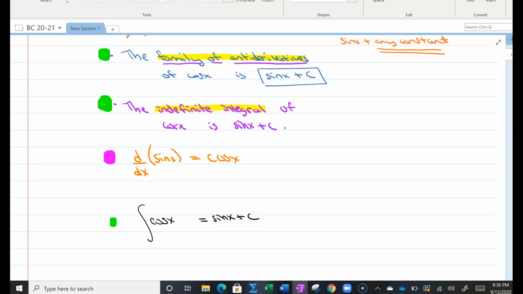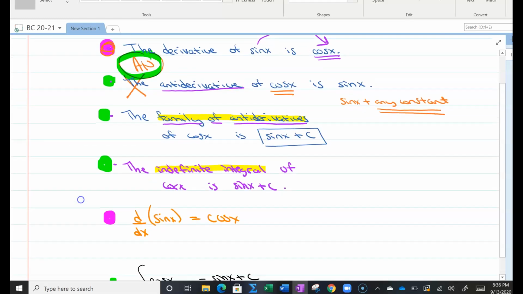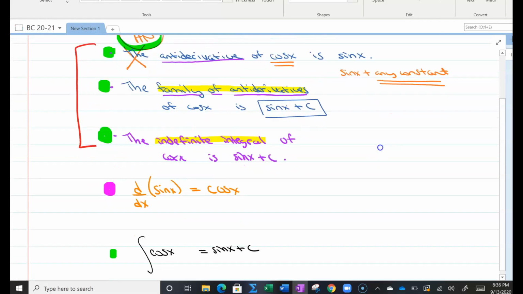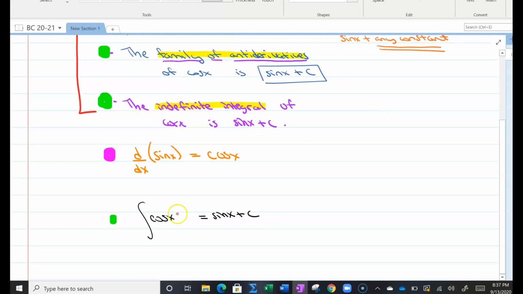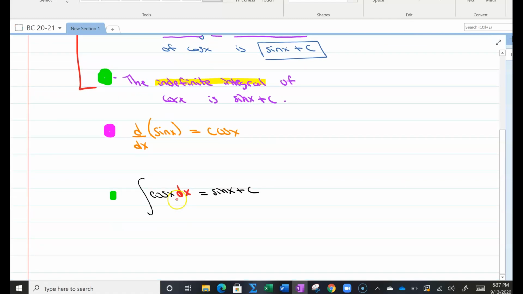Now, this is very important, BC, so listen very carefully. When you have this sentence written mathematically, there is always a dx tagged onto it. This is called the dummy variable. For right now, we're just going to stick it in and write it.